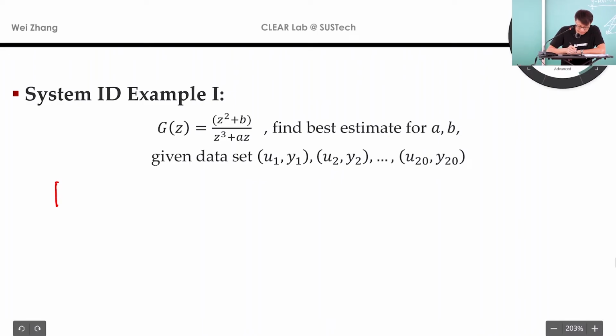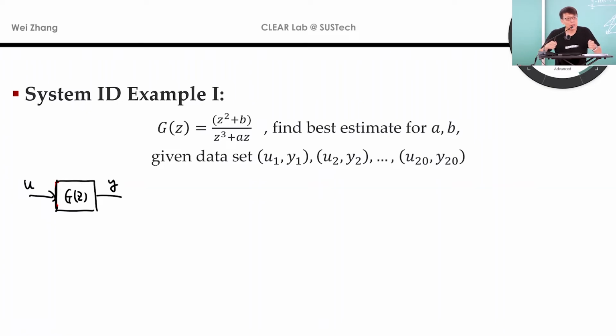So you have g of z, that's your u, that's your y. And you collect input and output data pairs you want to use to find the best estimate. The first step is to find the corresponding ARX model.